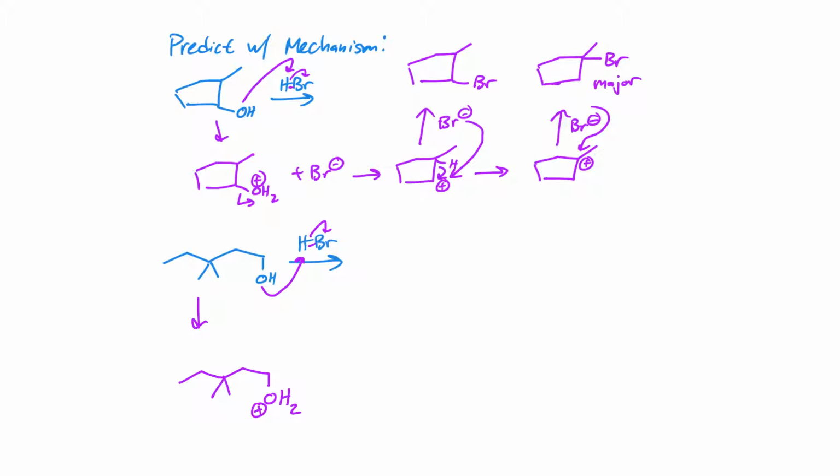That's not going to leave on its own now because we're on a primary position. But if I take the bromine and use it as a nucleophile, I can push water off while creating the new carbon-bromine bond. And that would be the product I would expect here. The bromine has substituted the OH to make a primary alkyl bromide.